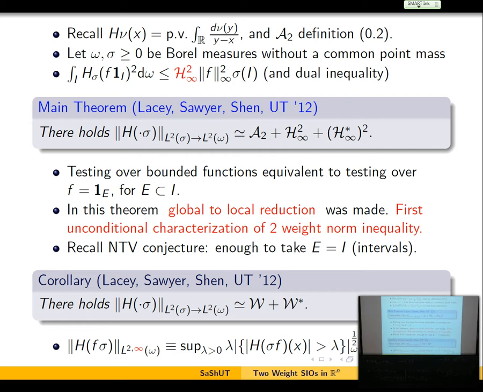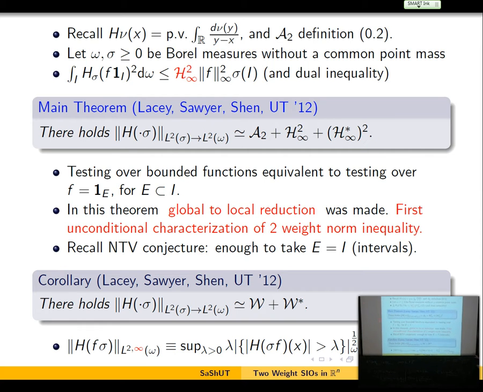And in this theorem, if you look at the literature now, we made what's now called the global to local reduction. Okay, that's standard. I mean, that's the terminology in the latest papers.